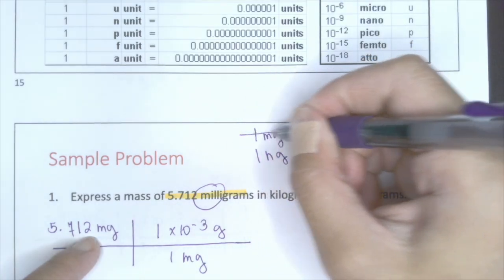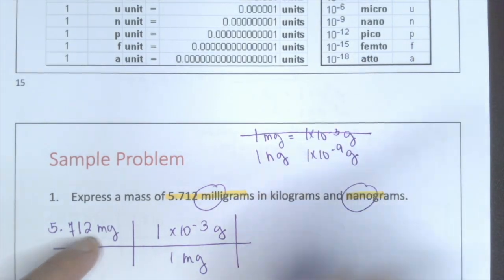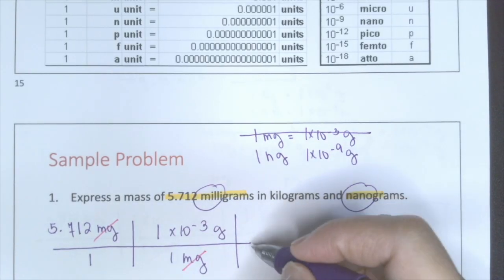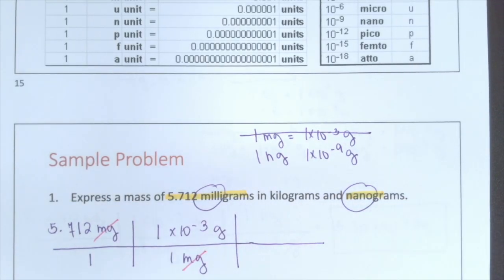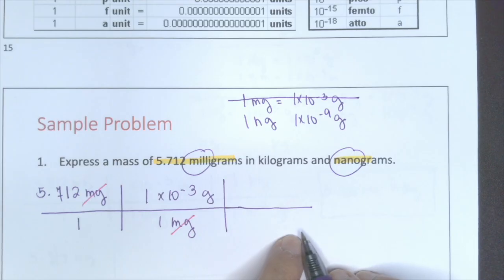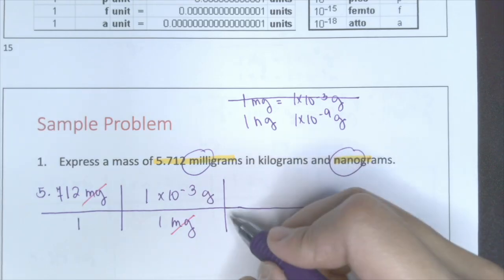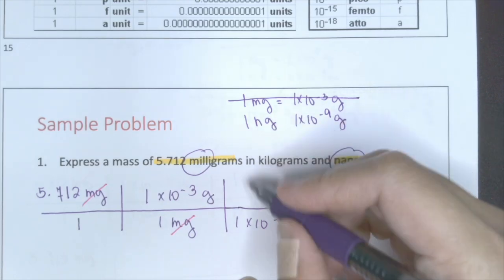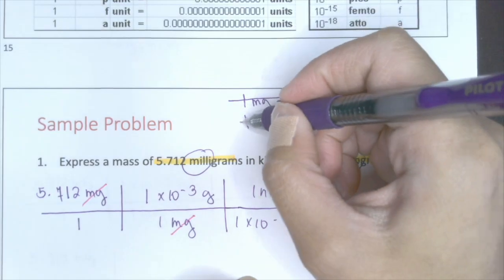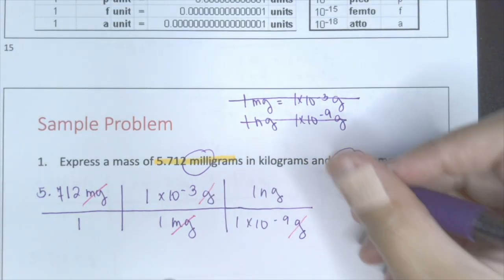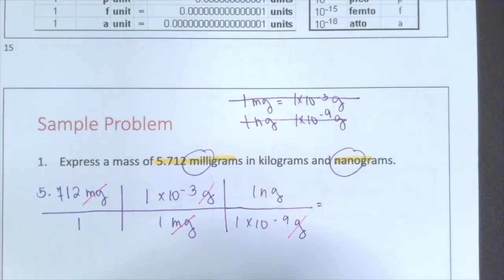Okay, so this conversion factor is used. Cancel out our units. Now we're free to use the second conversion factor, and because we want to cancel out grams, we're going to go ahead and make sure that grams will be in the denominator, which is this value, 1 times 10 to the minus 9 grams, which leaves 1 nanogram to be in the numerator. Cancel our units, and all we have to do now is enter this in our calculator.